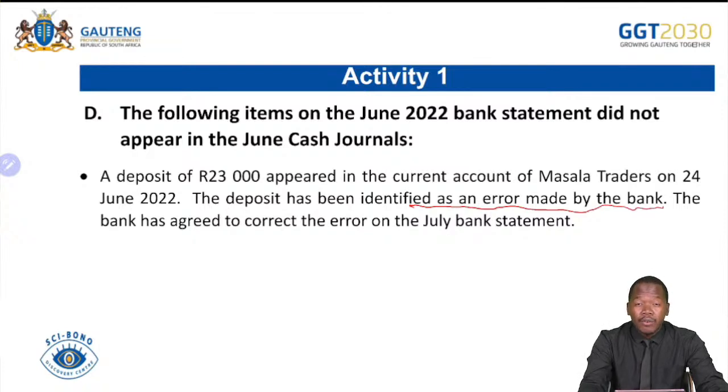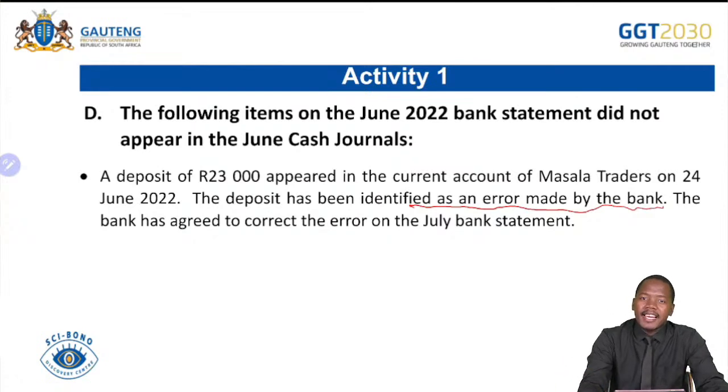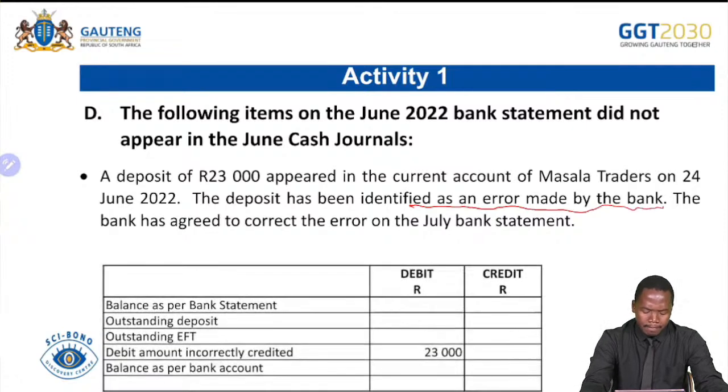Now, another rule for bank reconciliation: if a bank makes an error, that should be corrected on the bank reconciliation statement. Now, the bank has agreed to correct the error in the July bank statement.